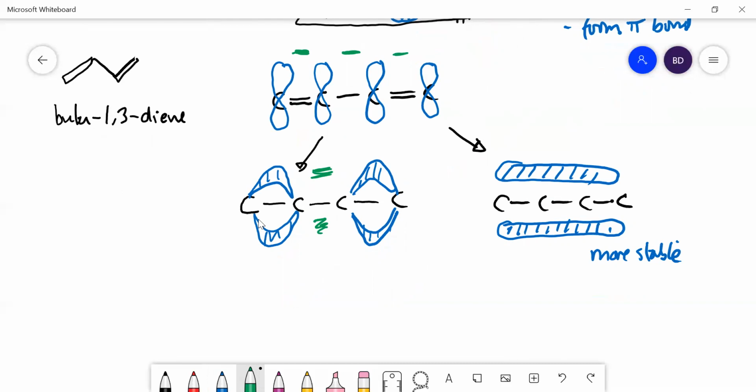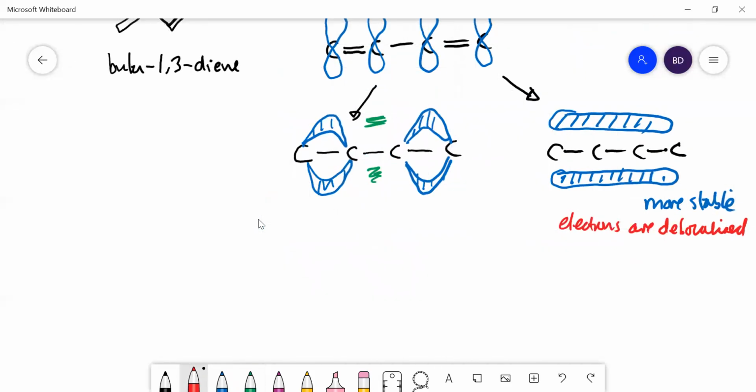So we say the electrons are delocalized. And this can happen whenever you have a pattern of alternate double and single bonds. If we had, for example, another one, a double bond there and this one here, this is penta-1,4-diene.